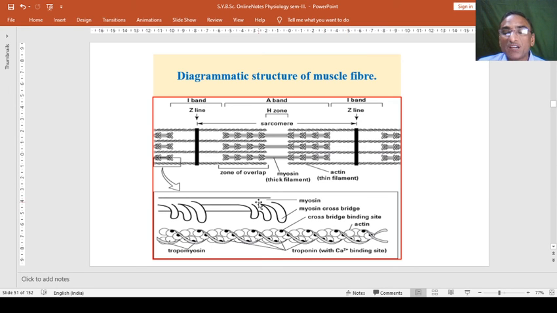So in the myosin filament, there are alternate myosin cross bridges which make the interlock mechanism in the muscles, and due to that interlocking, the stretching of the muscles, the contraction and relaxation, or we can say the elasticity, is created and maintained by these cross bridges. So these are the alternate sides.